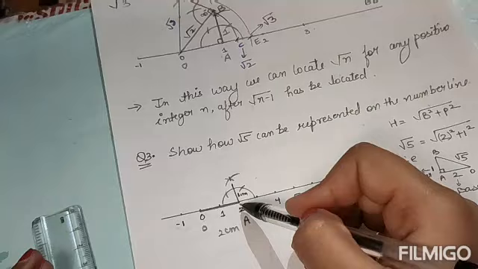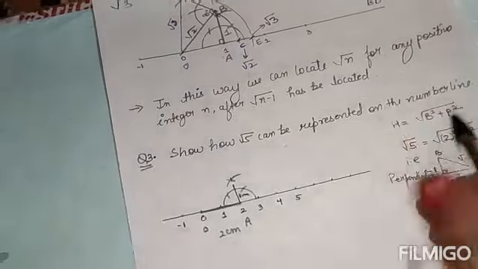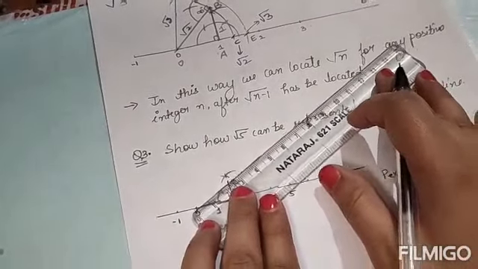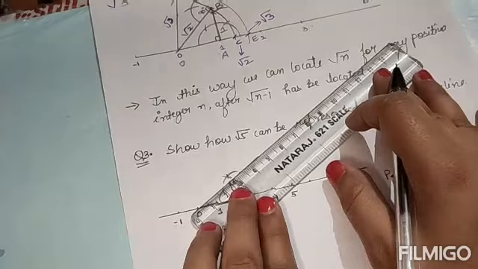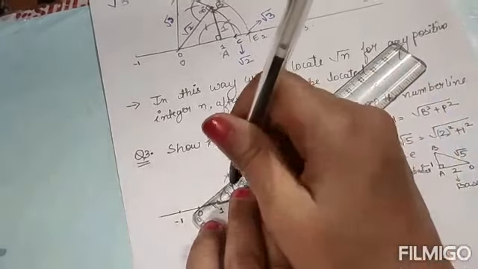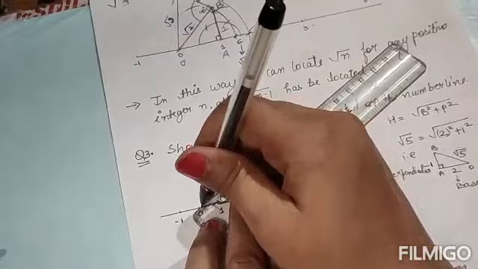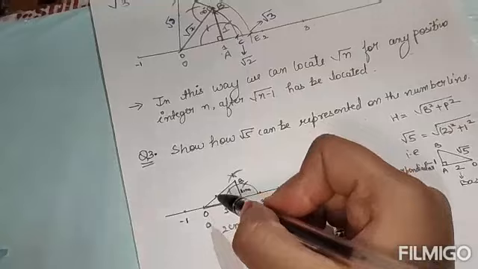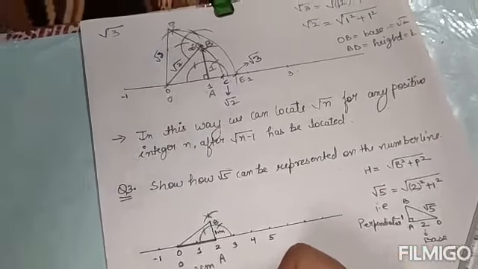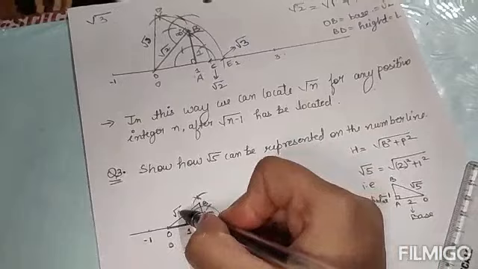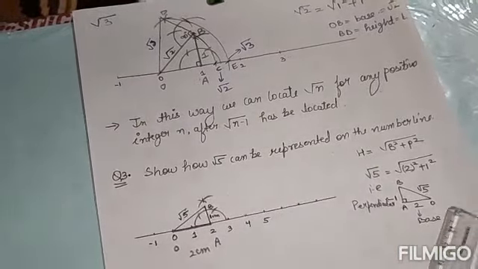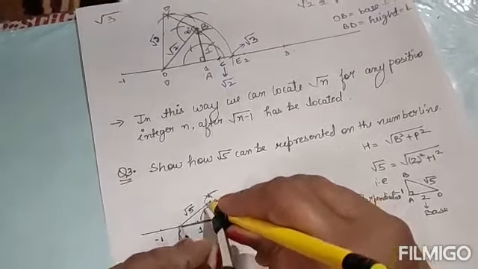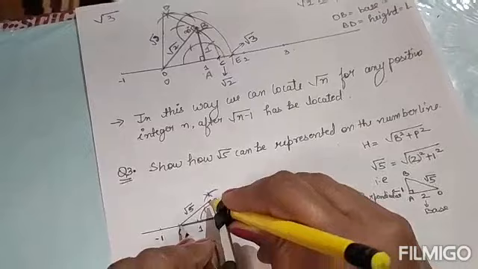Base 2, perpendicular 1, and now name it B and join OB. Join OB, which is of distance root 5. Now what you have to take an arc from here of length OB, which is root 5.